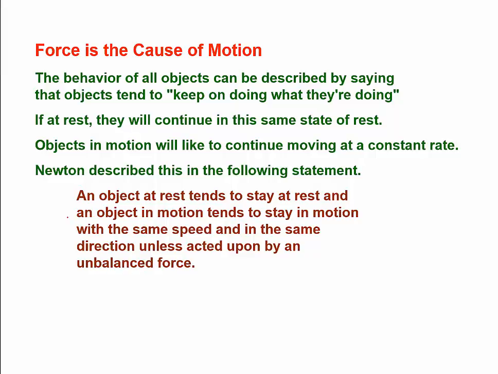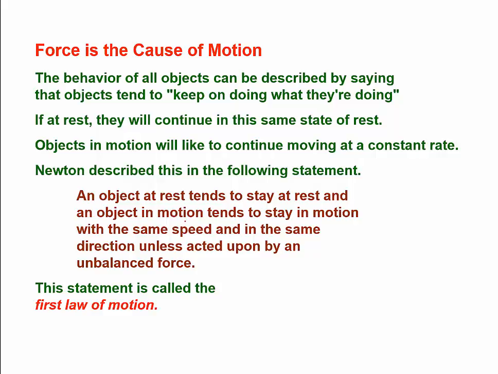So this statement is called Newton's first law of motion. Now, you must be very familiar with that statement. An object at rest tends to stay at rest, and an object in motion tends to stay in motion with the same speed and in the same direction, unless acted upon by an unbalanced force. Now, if you look at this, how do you change the state of motion of an object?